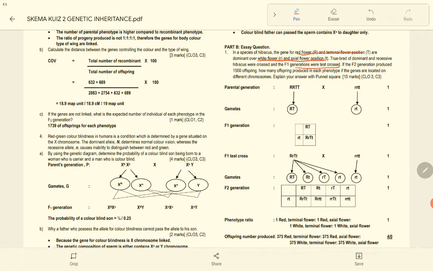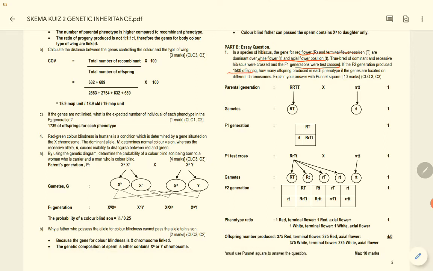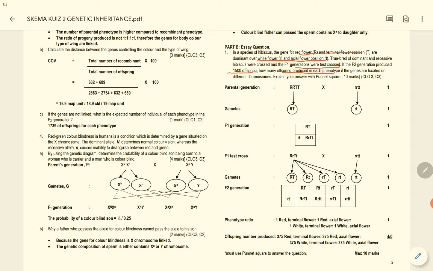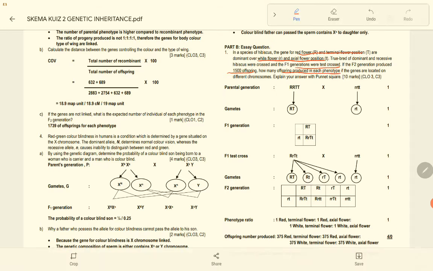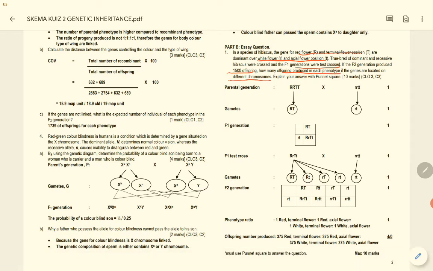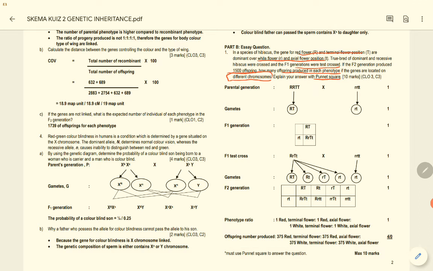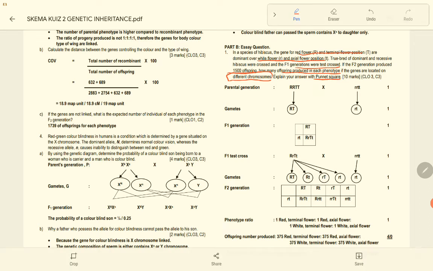If F2 is 1,500 offspring, how many offspring are produced in each phenotype if the genes are located on different chromosomes? This indirectly tells you that this is not a linked gene. Explain your answer in a Punnett square. If your answer is not in a Punnett square, you will not be given any marks.